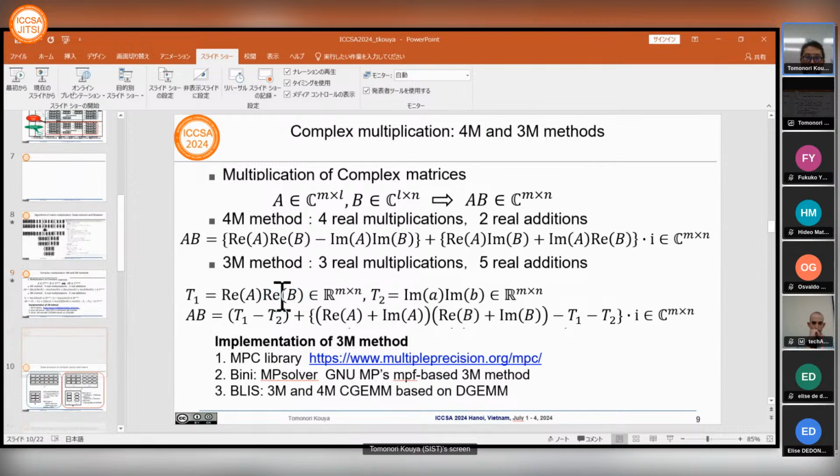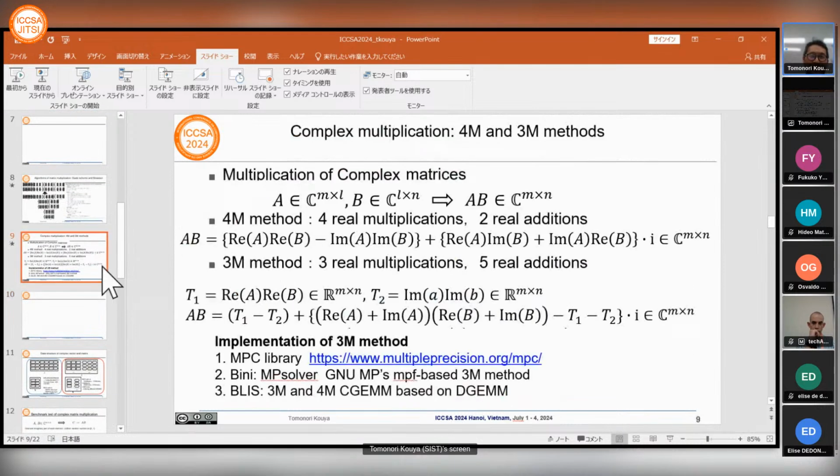But for multiplication of complex matrices, the 3M method can be more efficient than the standard 4M method. One good example is the BLIS library, which provides a choice of 3M complex matrix multiplication based on DGEMM functions.